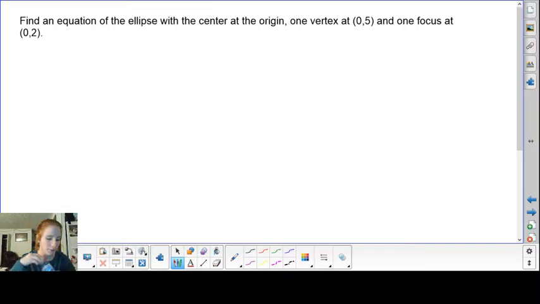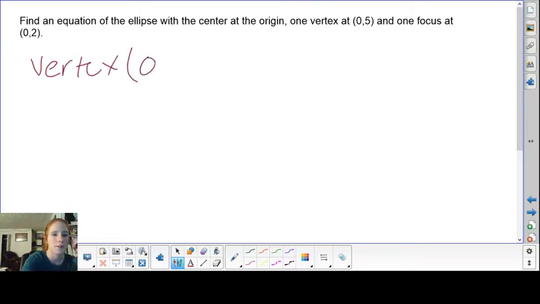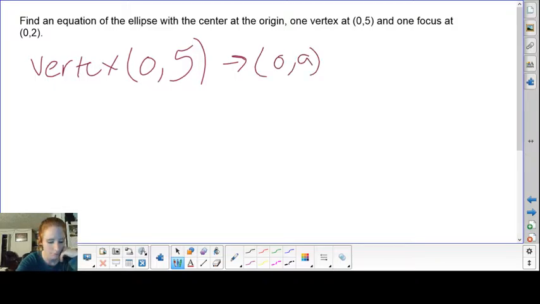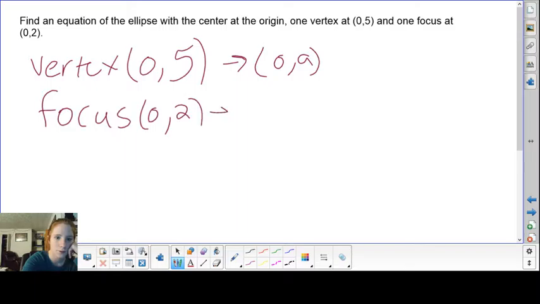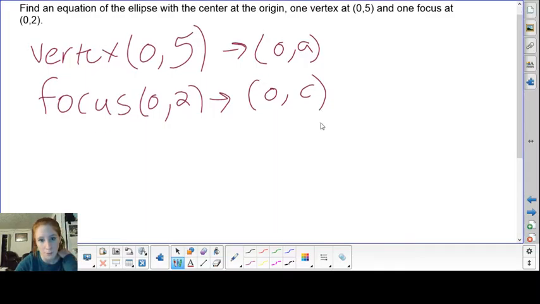I know I have my vertex, which is at (0, 5), and my vertex is my a, so essentially it's like saying (0, a). We have one of our foci at (0, 2), and the focus deals with the letter c. So we have a, we have c, and what we need is b.